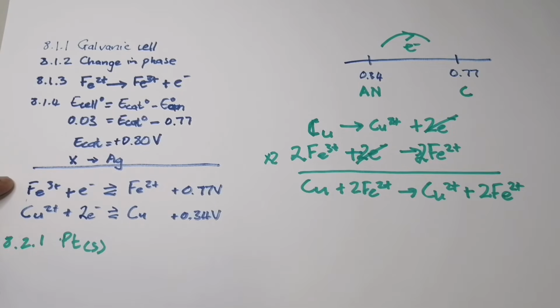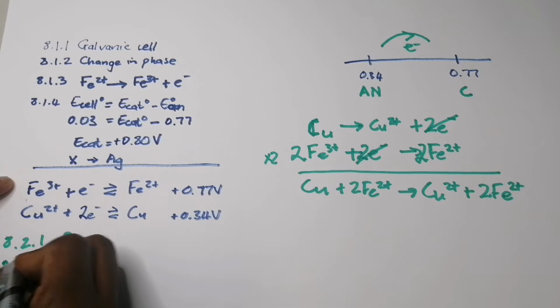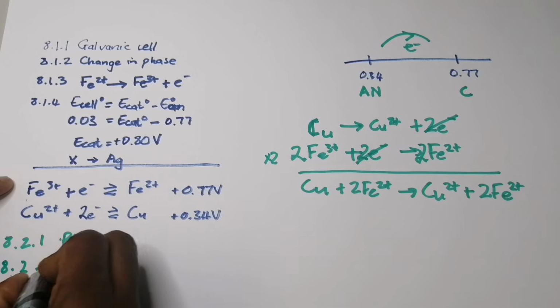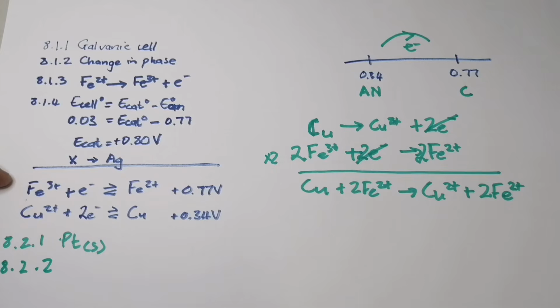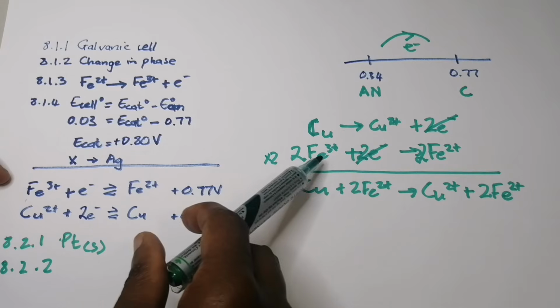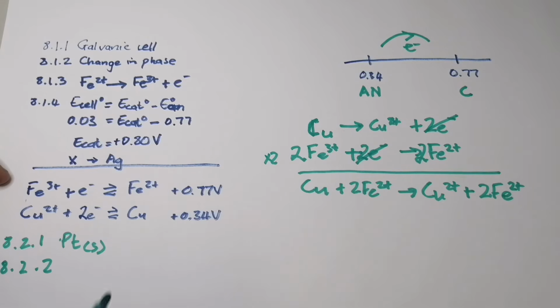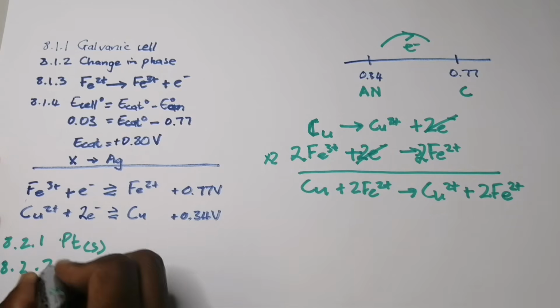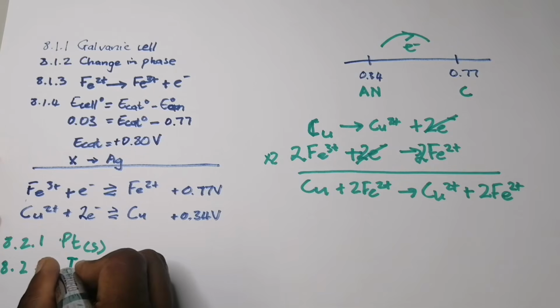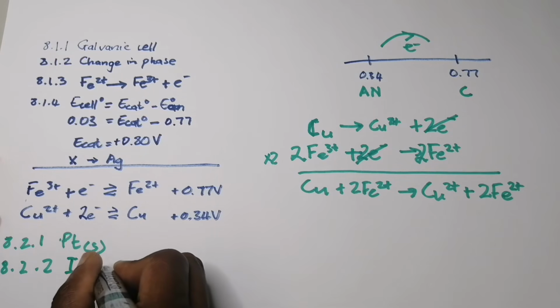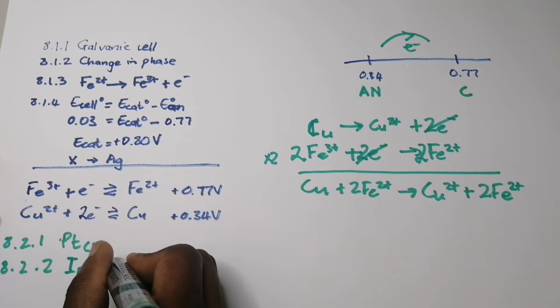So in this case, to answer which one is our oxidizing agent, which one underwent reduction, which one underwent the gain of electrons? Of course, it's going to be Fe3+, isn't it? They said write down the name, so it's going to be iron.